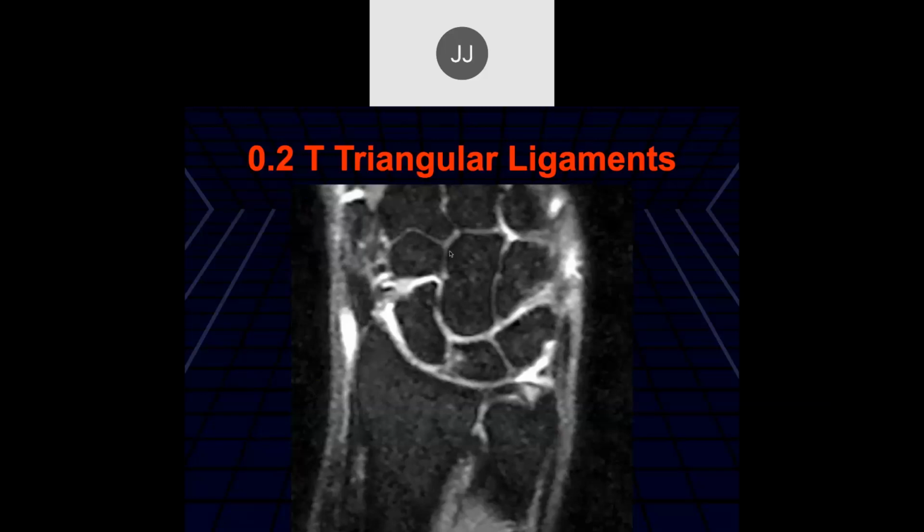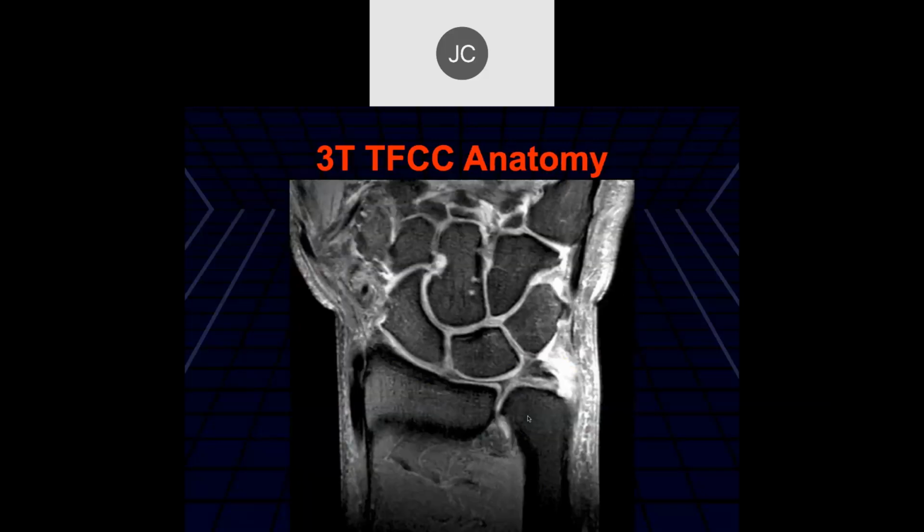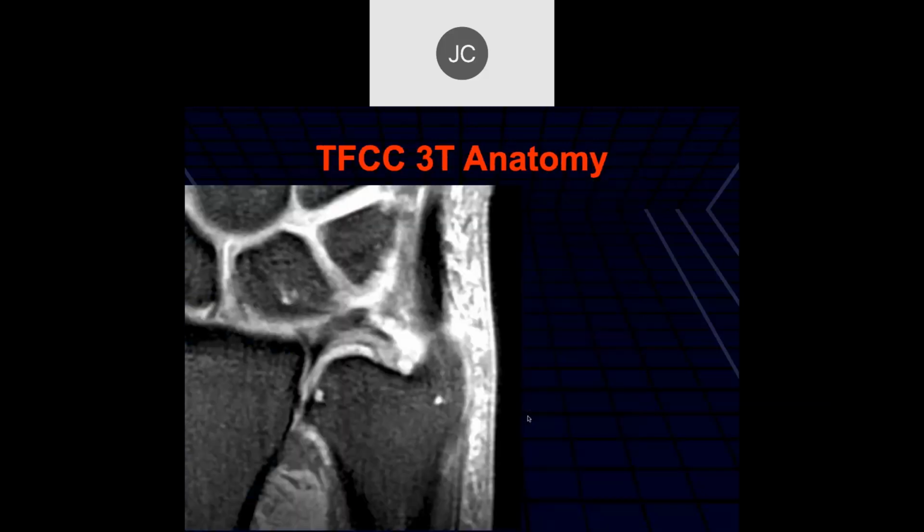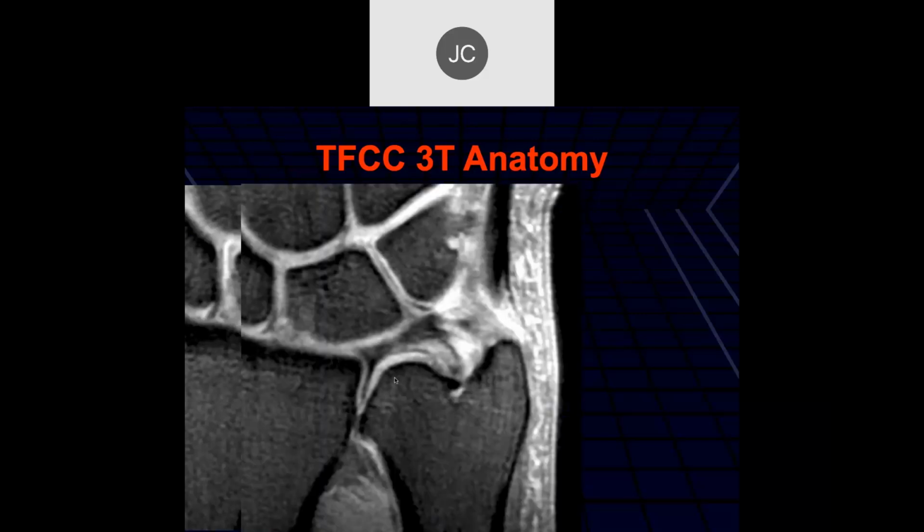No? Okay. So this is a low field scanner where we can actually see the lower and upper lamina nicely at their attachments to the fovea and the distal tip of the ulnar styloid. Here we can look at a 3T when they first came out. I think that's going to be the ECU, so we're dorsal here. We see a little bit of signal intensity within the disc, a little bit of degenerative change.